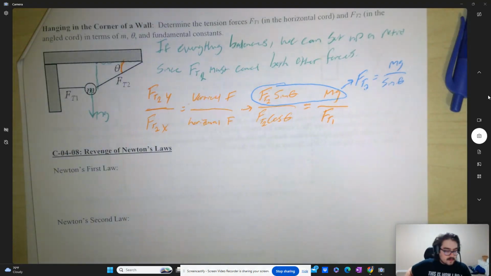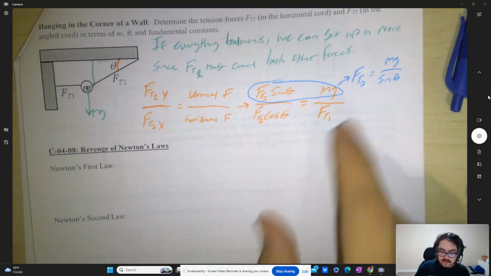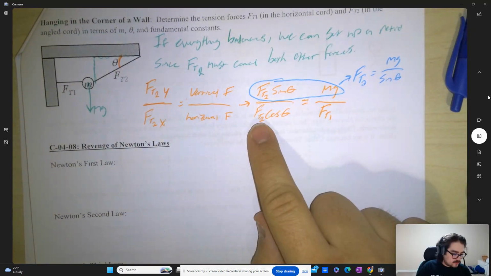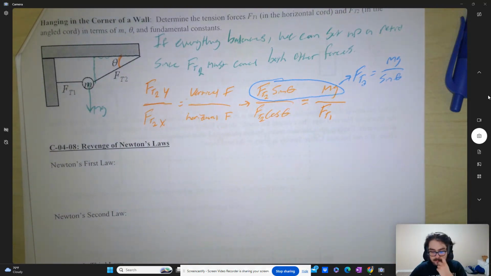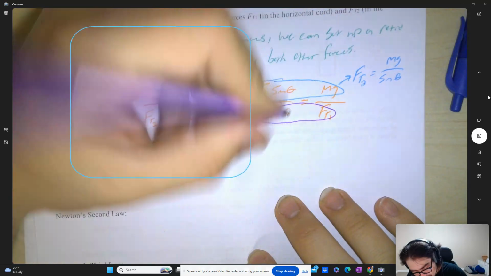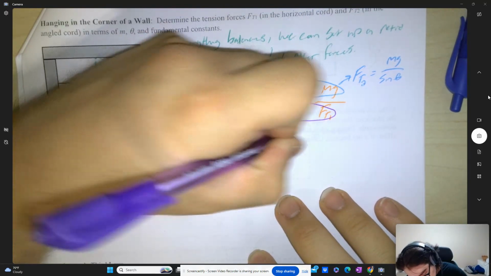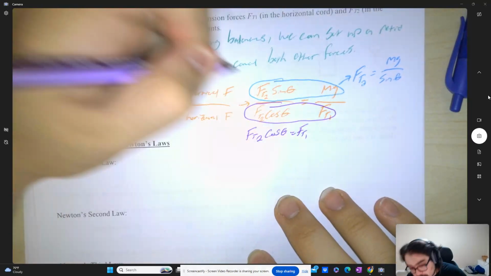Now I've got an expression for ft2, and what you should be able to do now is take this expression and plug it in for ft2 in ft2 cosine theta equals ft1.